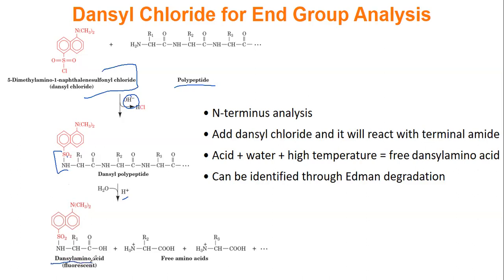What's cool about a dansylated amino acid is that it is fluorescent, and you can determine what amino acid it is based on what wavelength of light you get out. Each amino acid will have a slightly different wavelength of light, right? So whatever fluorescence comes out of this N-terminus analysis, you can determine what amino acid it is.